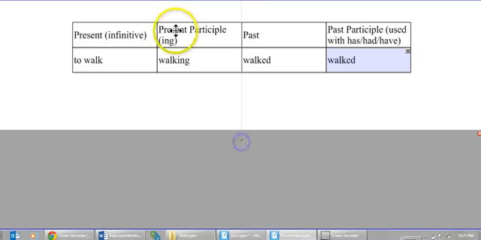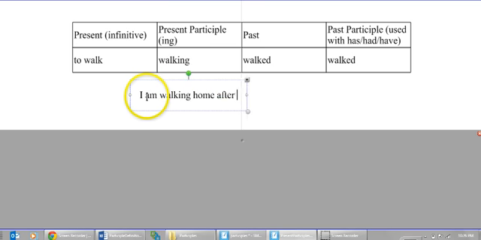I don't think I gotta put it in. All right, so let's use it as a verb with a helper or linking and predicate adjective, whatever you want to call it. Okay. I am walking home after school. Okay. I've got a prep phrase, after school.